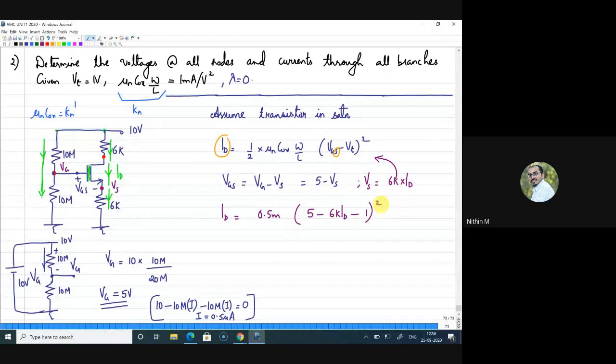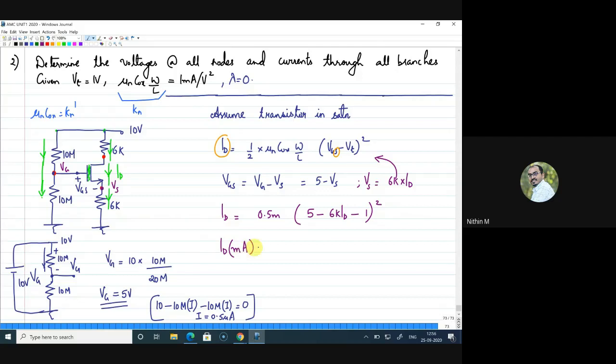Now you can solve this and get ID. I don't think there will be an issue in getting ID from this, because ID is the only unknown here. But I'll do one more modification. I'll assume that my drain current is in milliamps.